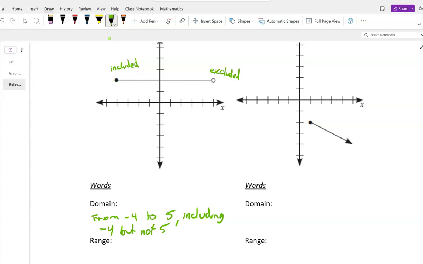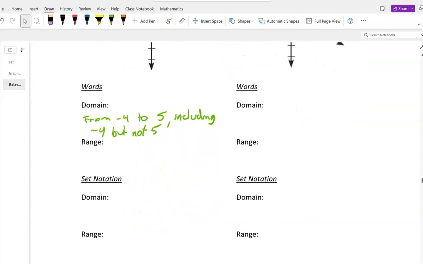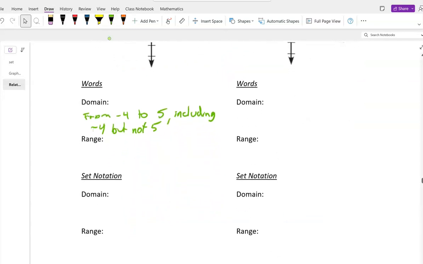So before I do the range, let's now write that in different methods. Set notation. What I want to do is say x is between those two numbers. So I'm going to write the smaller one here. I'm going to write x is in the middle of -4 and 5. The question is, what symbols do I use? Well, I want x to be bigger than or equal to -4, but I want it to be less than 5.